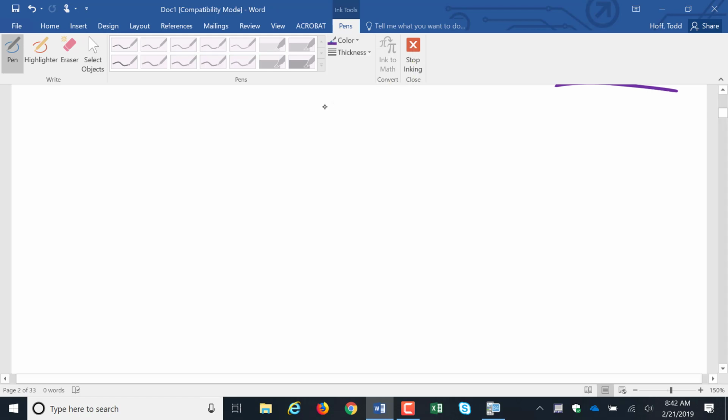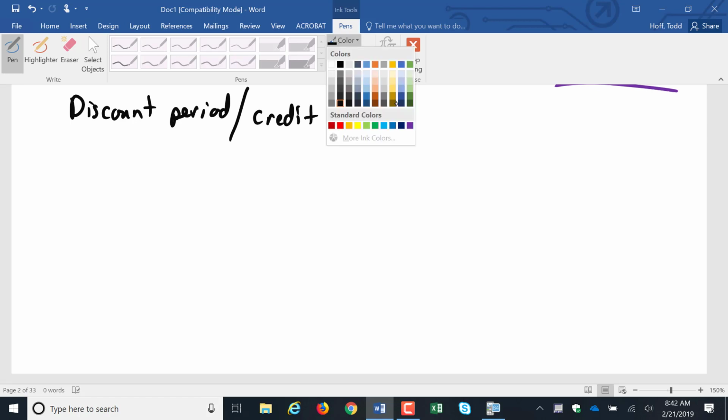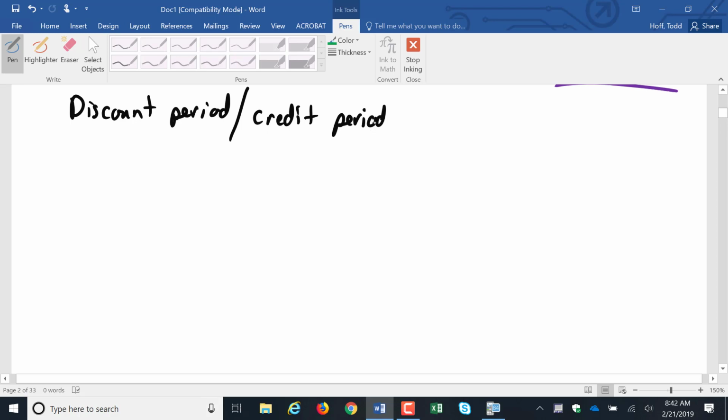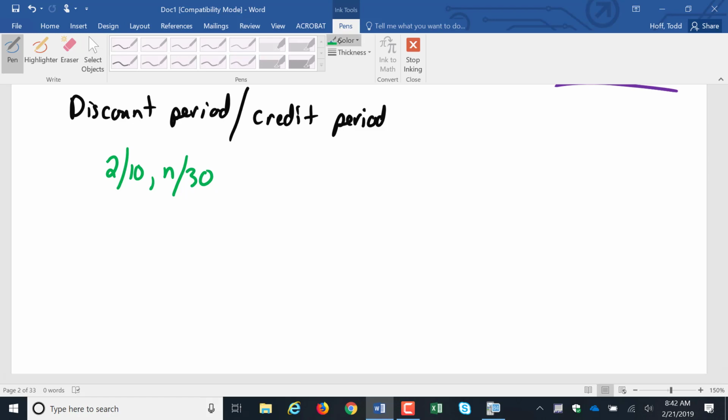Let's look at the notation now for the discount and credit period. So the notation that we would see for this would often look something like this: 2/10, n/30.